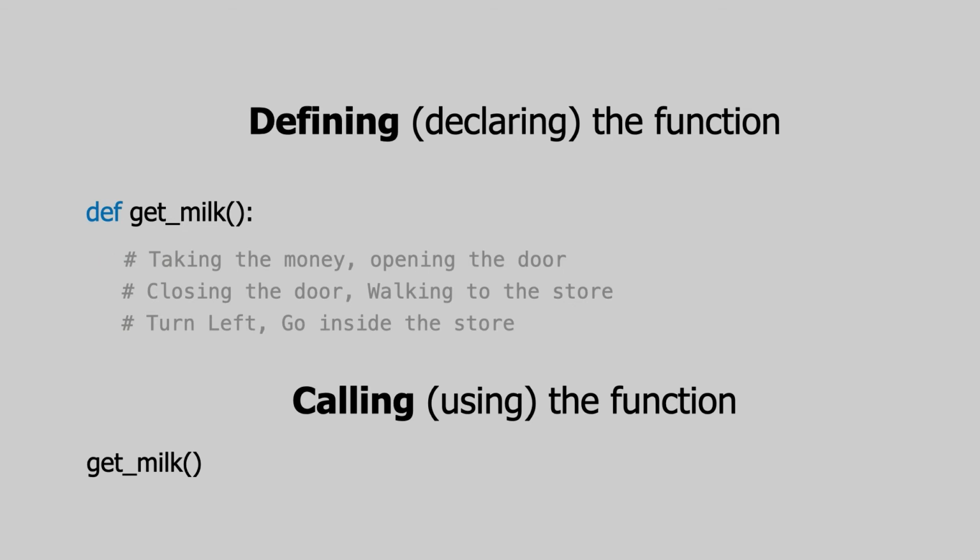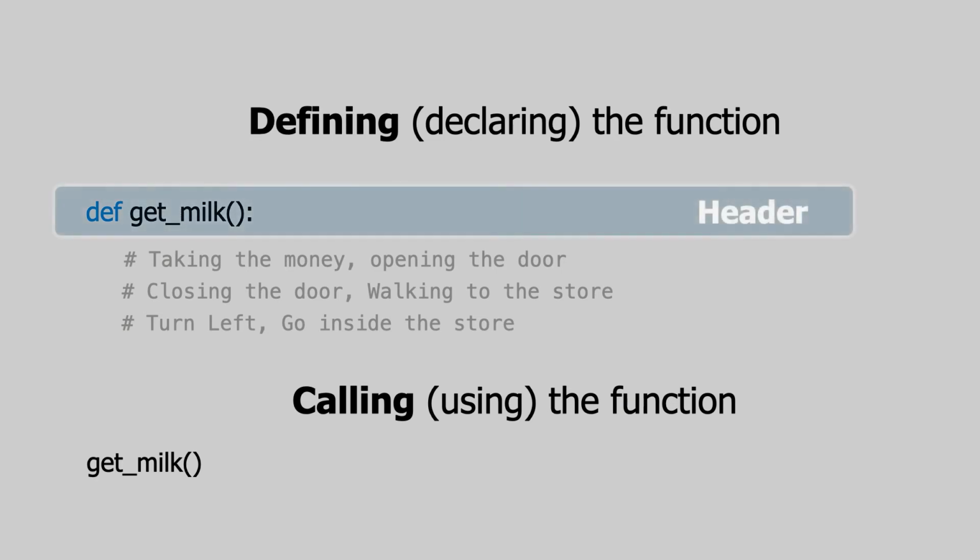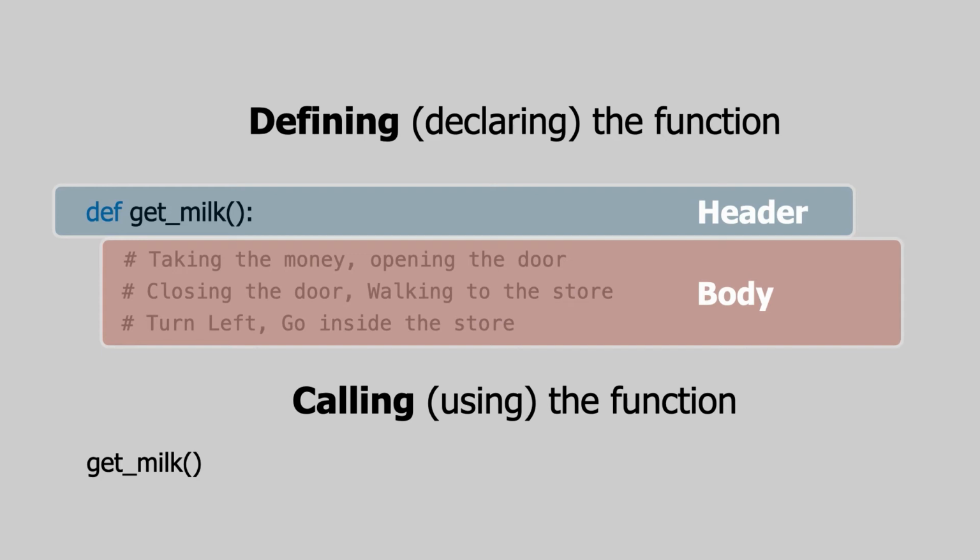Now, while you and I have a head and a body, a function also has a header and a body. The header is the line right here, the line with the def keyword at the top. And the body is all the statements or instructions that are inside the function. Basically all the lines that are indented.